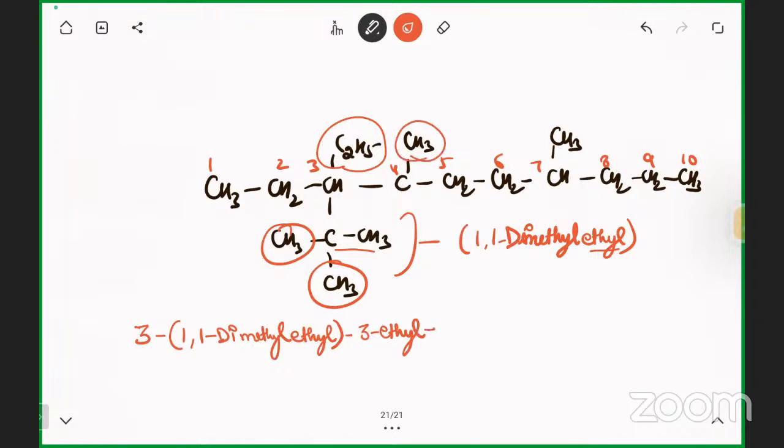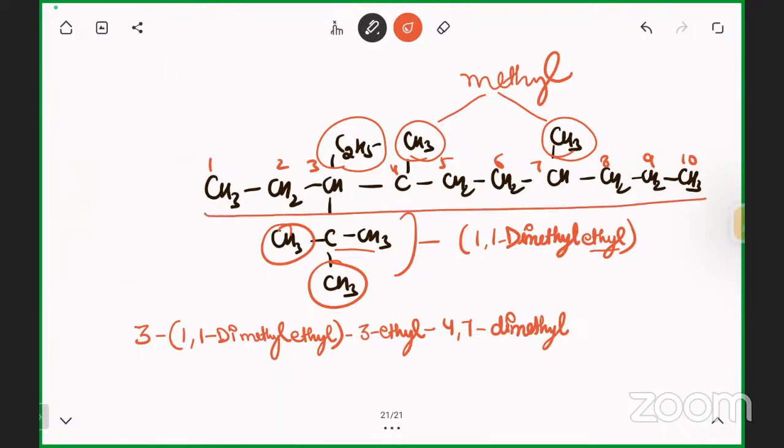On fourth position and on the seventh position, these two are methyl. So it will be 4,7-dimethyl, and number of carbons are 10, so it will be decane. So the name is 3-(1,1-dimethylethyl)-3-ethyl-4,7-dimethyldecane. Yes. Who is wrong here now?